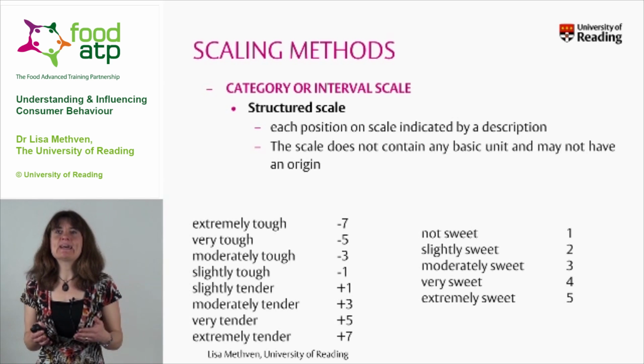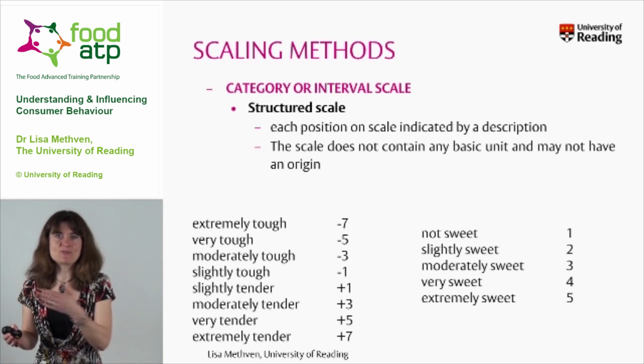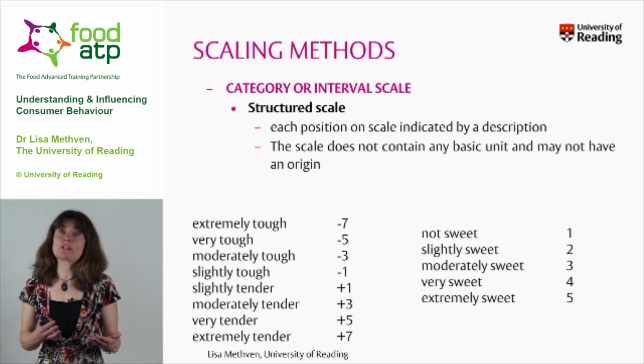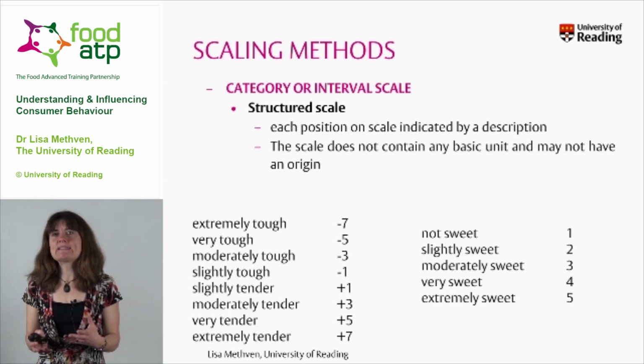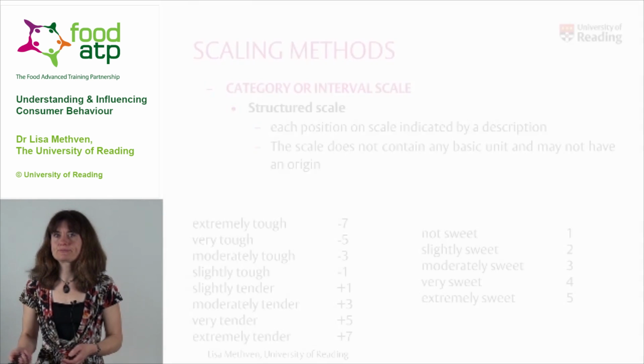But in this case, the scale is structured. There is an increase in intensity, I guess, from one end of the scale to the other. Again, if you looked at the example of sweetness, the values might go from not sweet to extremely sweet, and you might give just values of 1 to 5 for that. So there's no basic unit, there's no origin to the scale, but you do convert the descriptors into values afterwards.